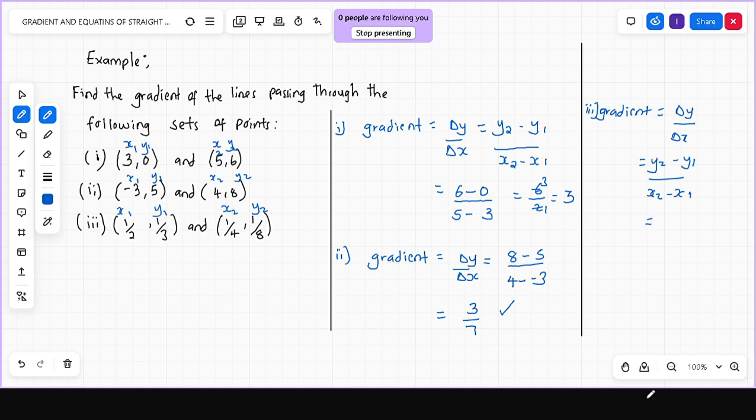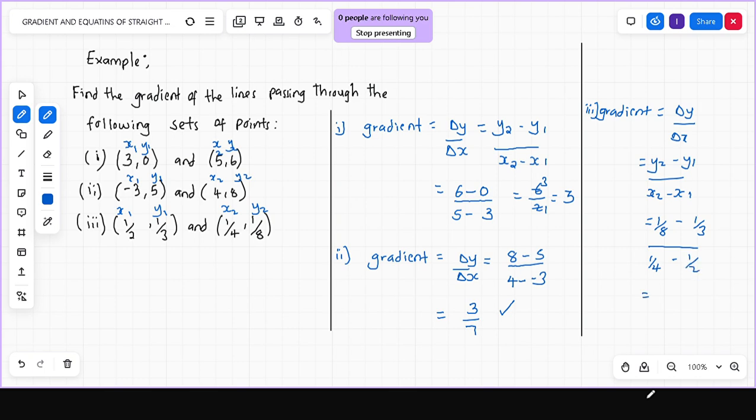So y2 here is 8, minus y1, which is a third, divided by x2, which is a quarter, minus x1, which is a half.